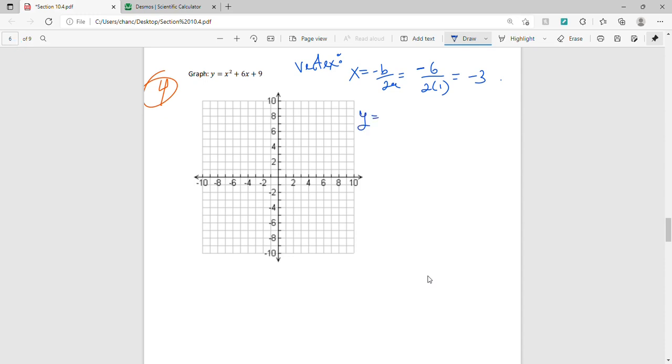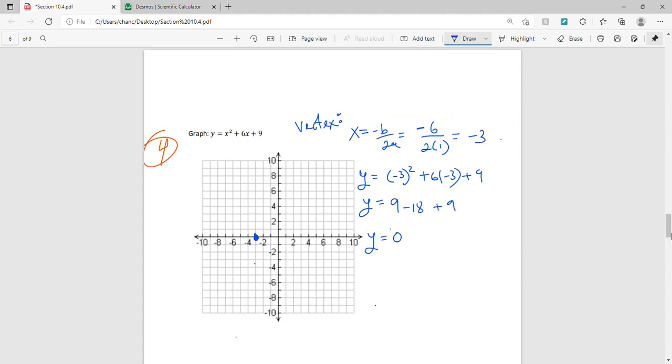Substituting the negative 3 into the original equation, we have y equals negative 3 squared plus 6 times negative 3 plus 9. We'll simplify this. Negative 3 squared is a positive 9. 6 times negative 3 is negative 18 plus 9. So in this case, we have y equal to 0.